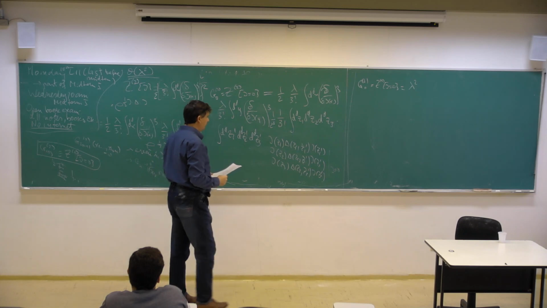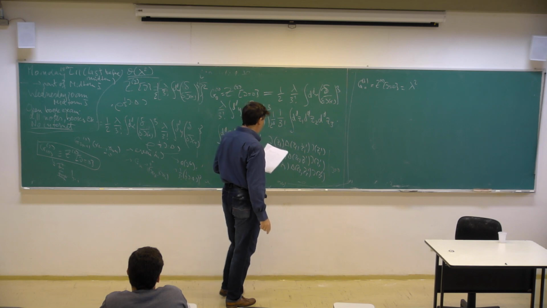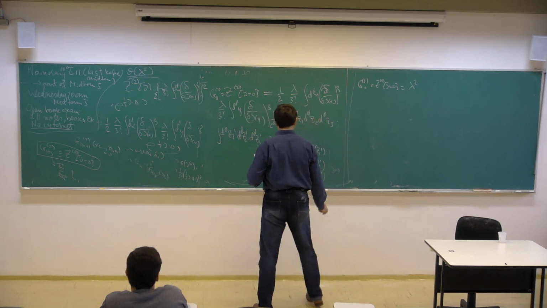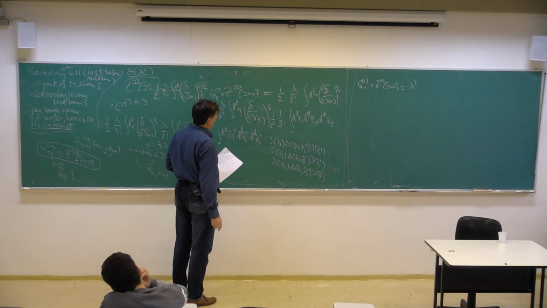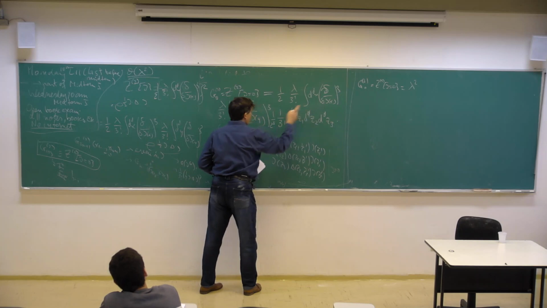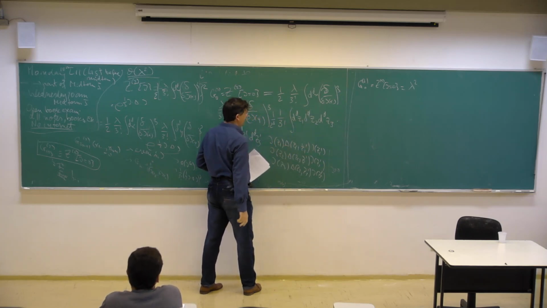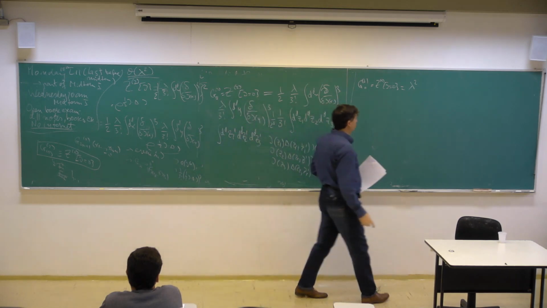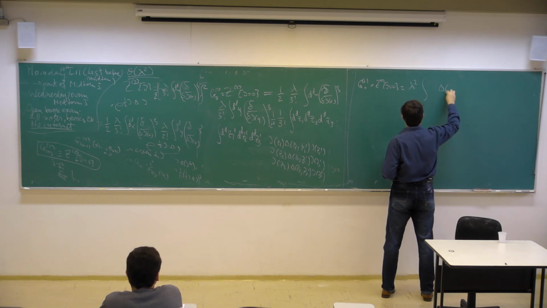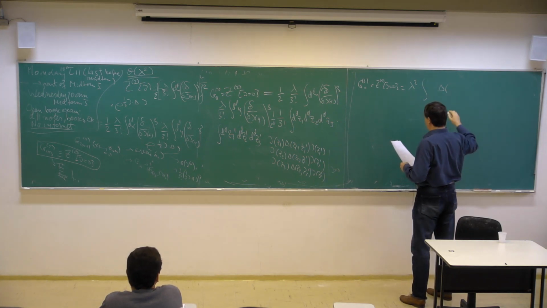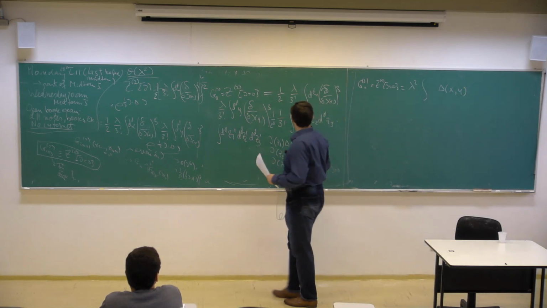So one possibility is that I act with one derivative from here and one derivative from here on each side of delta, right? So one possibility would be, let's say, delta of x and y for each.